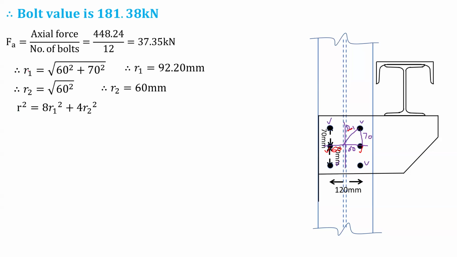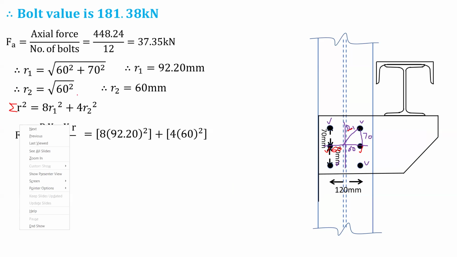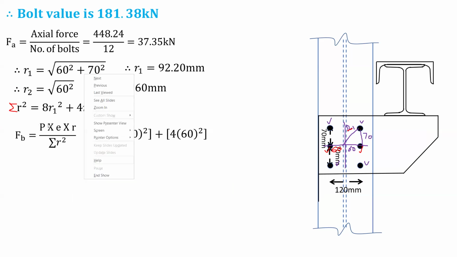So instead of R square, I will mention it as summation R square. So summation R square is 8 R1 square plus 4 R2 square. And we will substitute the values.